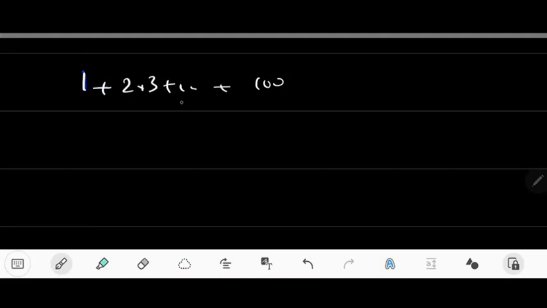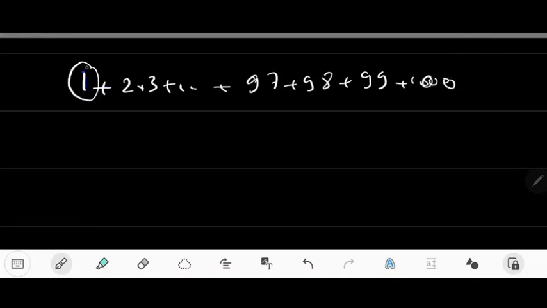But you can also look at the pattern, saying that, okay, here I will write like 97 plus 98 plus 99 plus 100, right? So you can see that if you take the first element and the last one and then you add them, you will obtain 101.